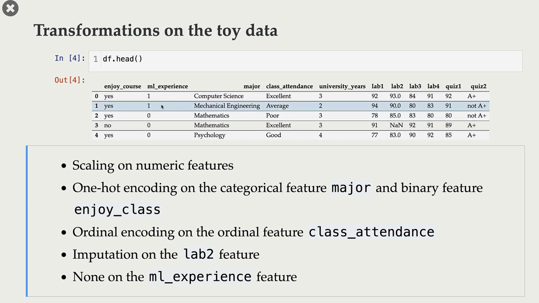And finally, there is this ML experience feature, which is a binary feature, but it's already encoded into zeros and ones. So we don't really want to apply any transformation on it. So these are the things we would like to apply on this particular dataset so that we can pass this encoded data to a Scikit-Learn model.